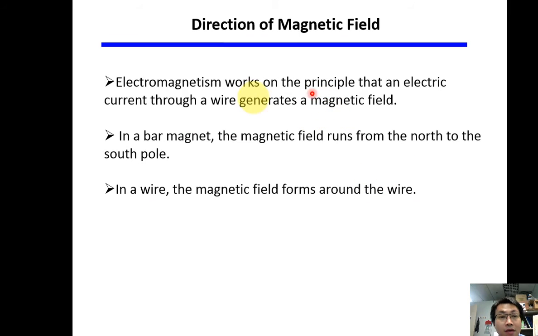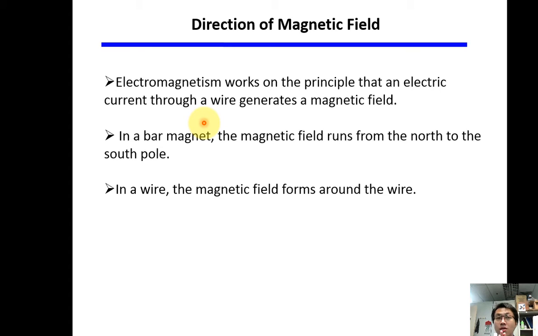Then, the direction of the magnetic field. Electromagnetism works on the principle that an electric current through a wire will generate a magnetic field. It's very simple: when there is electric current flowing through the wire, there will be a magnetic field around it. This is called electromagnetism.